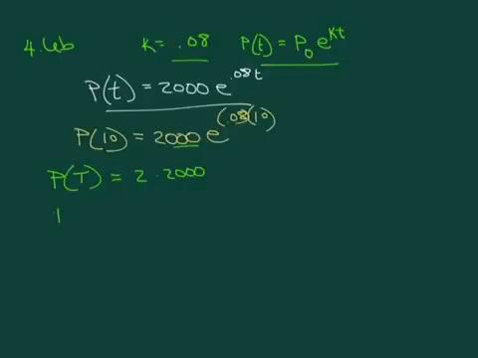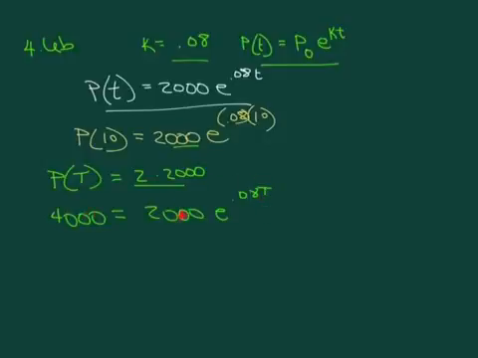So let's go ahead and replace P of t with 4,000 from here, and that equals what we started with, 2,000, e to the 0.08 t. So again, the t is what we're looking for.